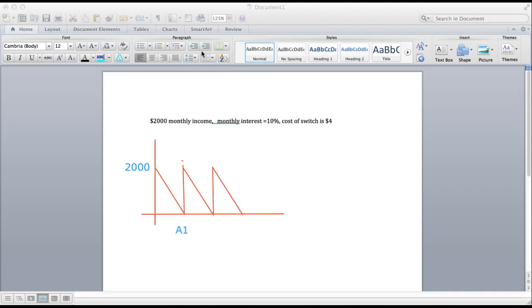So your average money holding is the money at the beginning of the month, 2,000, plus the money at the end of the month, which is 0, divided by 2.